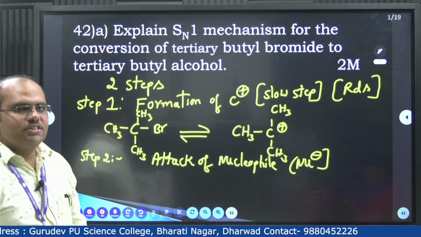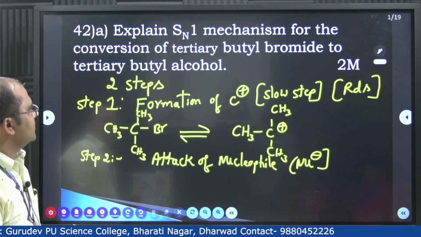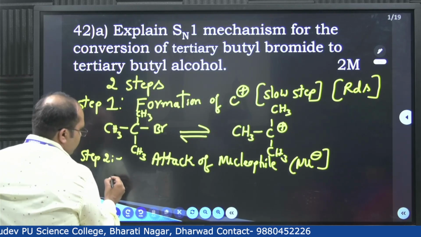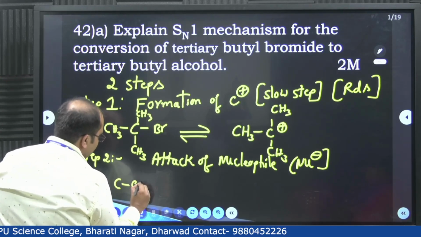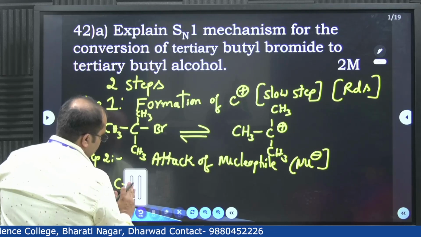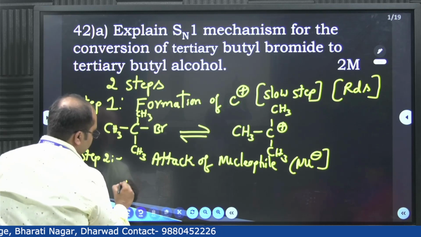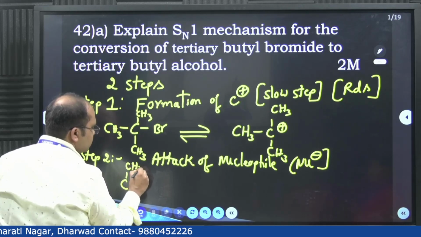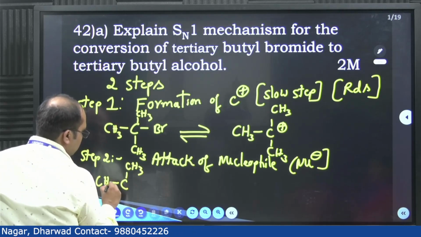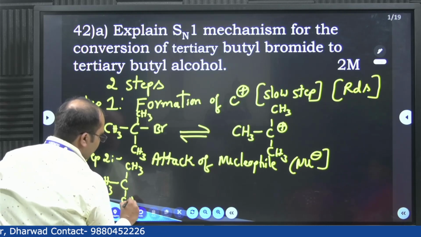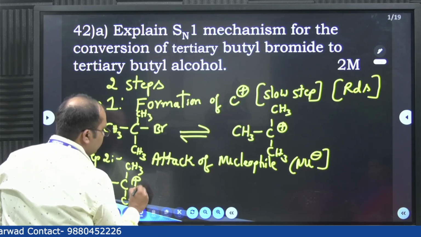Whatever reagent you are using, that is considered the negative part. So consider the attack of the nucleophile.